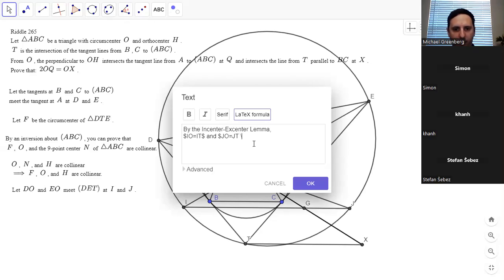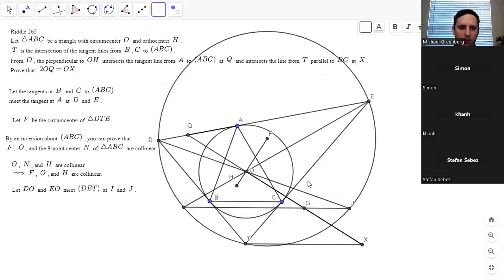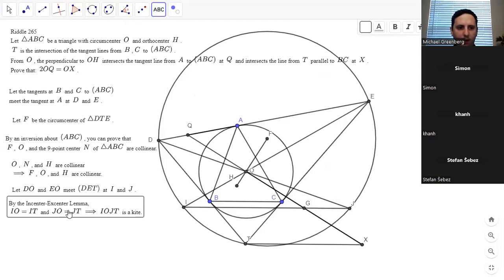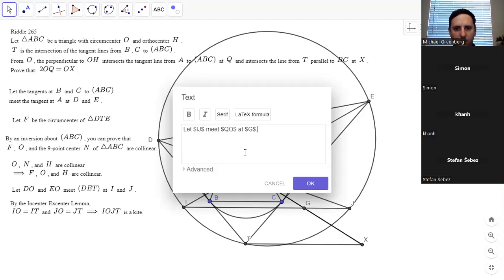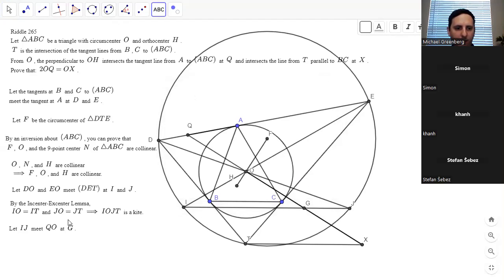And that means that IOJT is a kite. Let IJ meet QO at G.